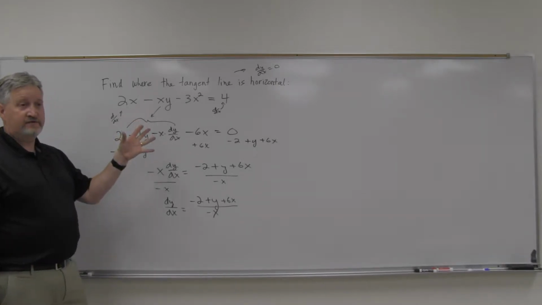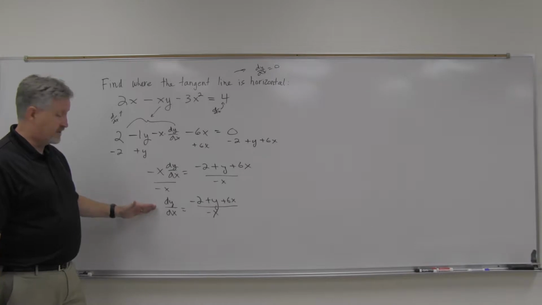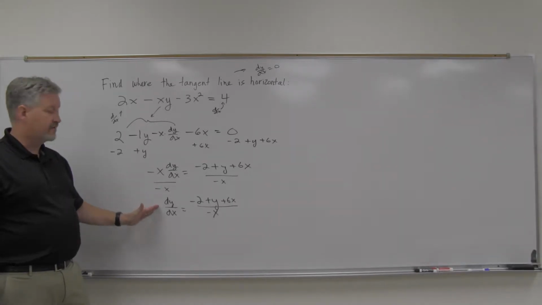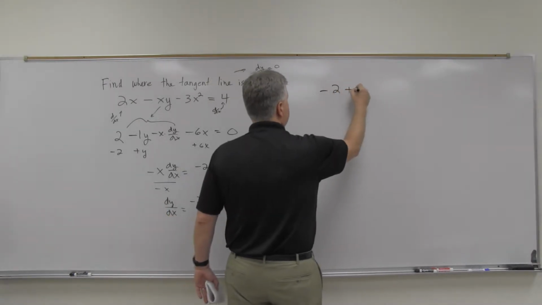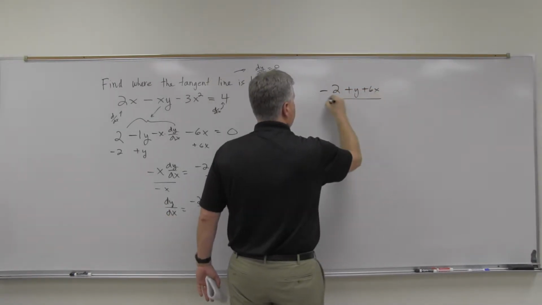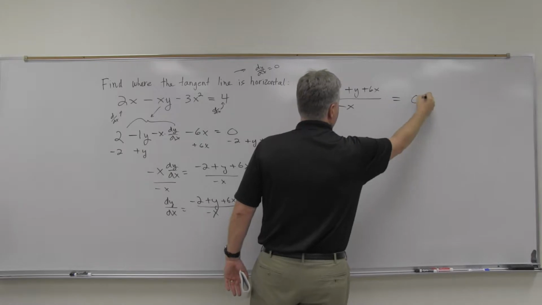Now we're just making another application here. Let's find when the tangent line is horizontal, and the tangent line is horizontal when dy over dx is 0. So basically what we want to solve is negative 2 plus y plus 6x over negative x. When does that equal 0?